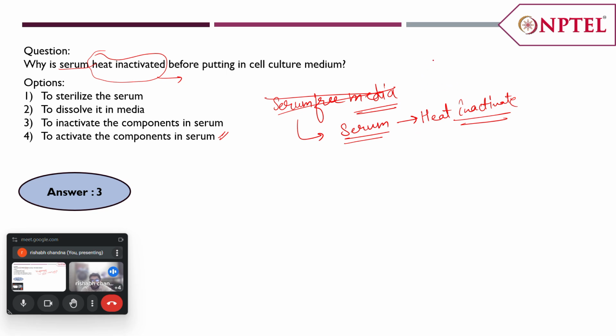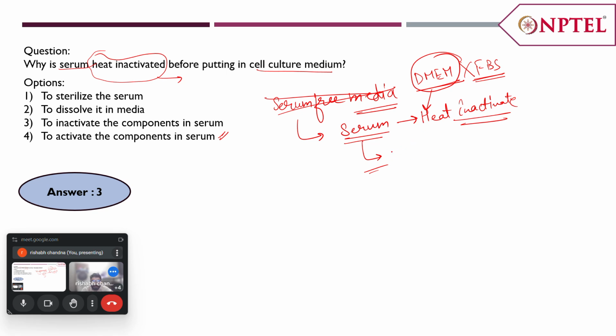In certain cases we only need the actual components of the media. For example, we have only the DMEM without FBS. So FBS is not there, but we only need the background of the media to study different morphological cells. So in that case, we inactivate the serum, and then we add into the cell culture media, so that we can inactivate the components of the serum that are there, so that they will not be interfering in those studies.